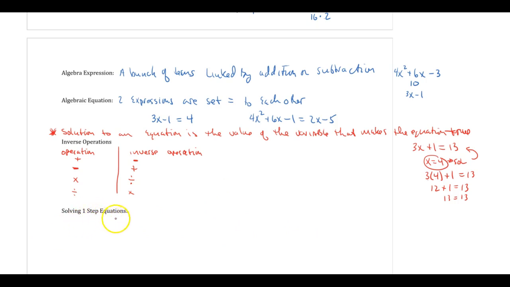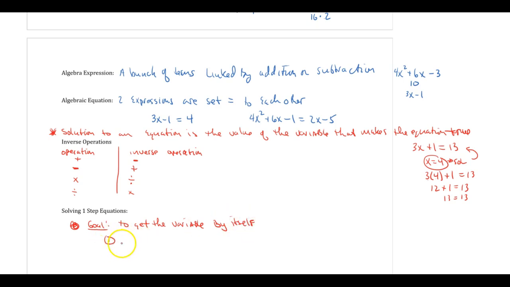So when we solve equations, step 1 is, let's say the goal is to get the variable by itself.